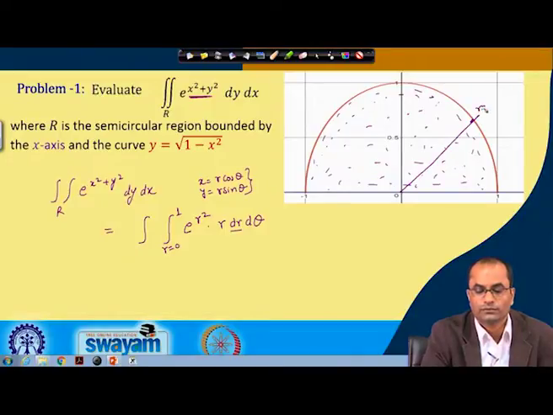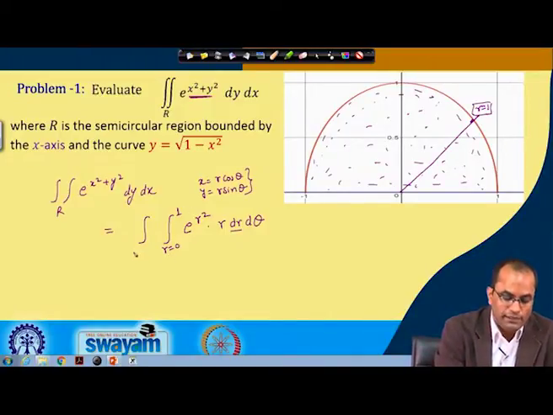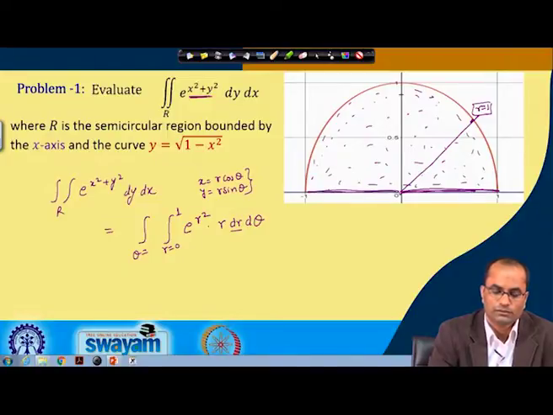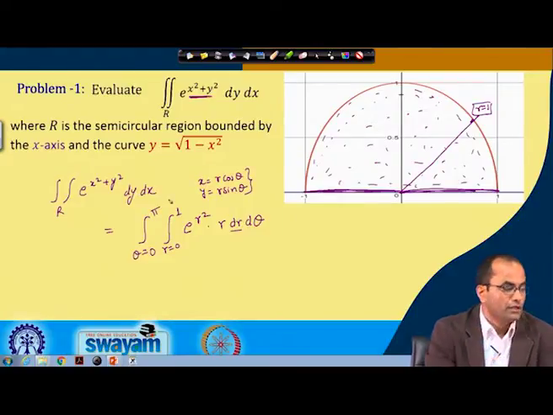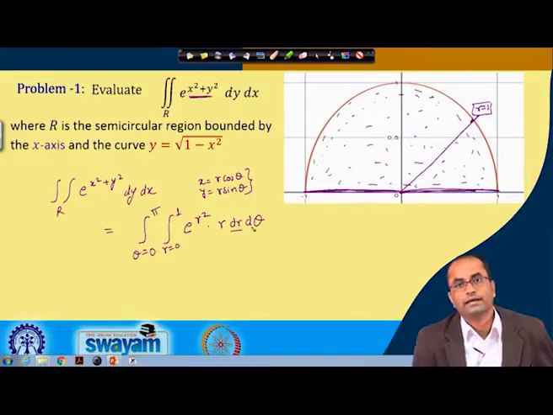This is r is equal to 1. So, r is moving from 0 to 1 and theta is going from theta is equal to 0, and then we will reach this part here by theta is equal to pi. So, theta from 0 to pi and r is 0 to 1, e power r square, r dr d theta.